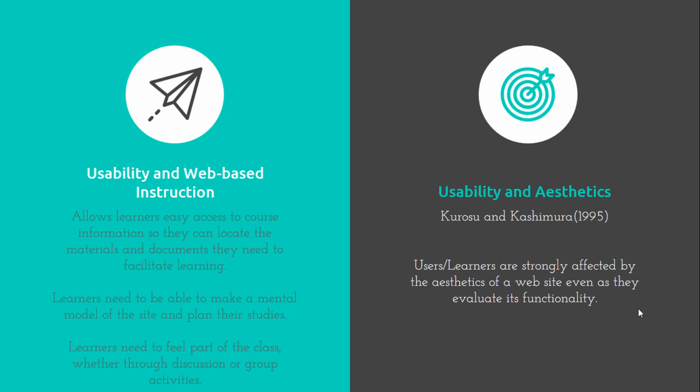A usable course site allows learners easy access to course information so they can locate the materials and documents they need to facilitate learning. Learners should be able to see their options, how to achieve their goals, and how to accomplish desired tasks. Second, learners need to be able to make a mental model of the site and plan their studies. Third, learners need to feel part of a class, whether through discussion or group activities.